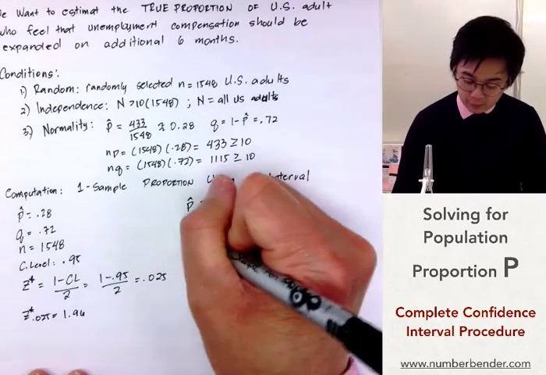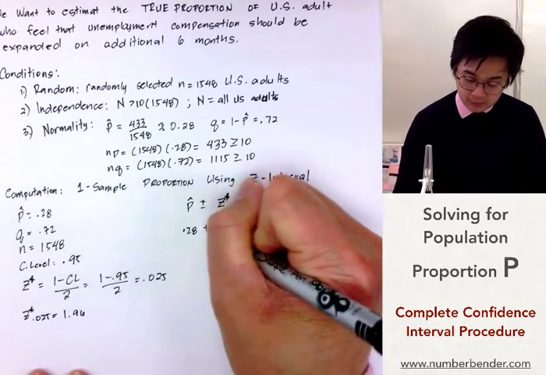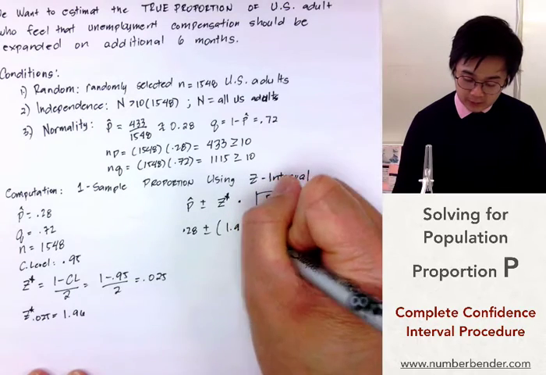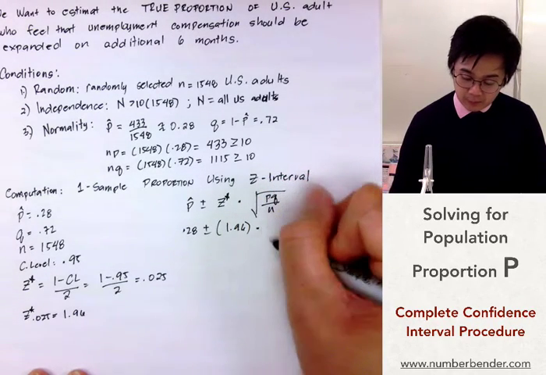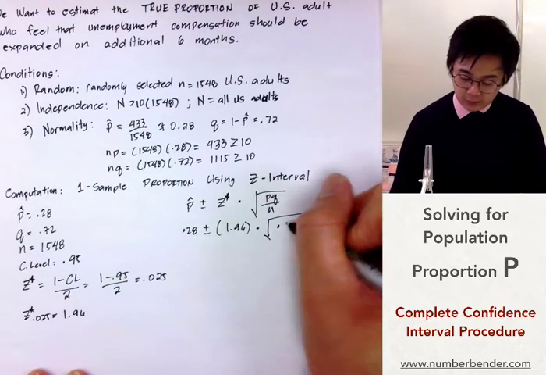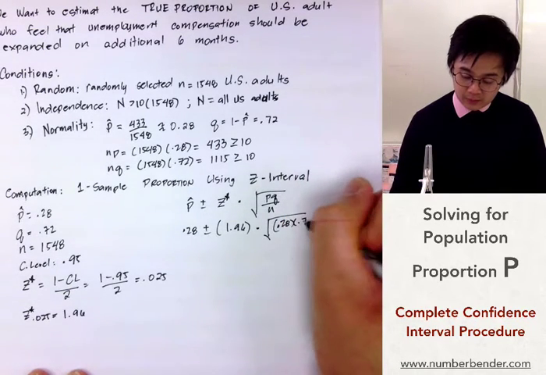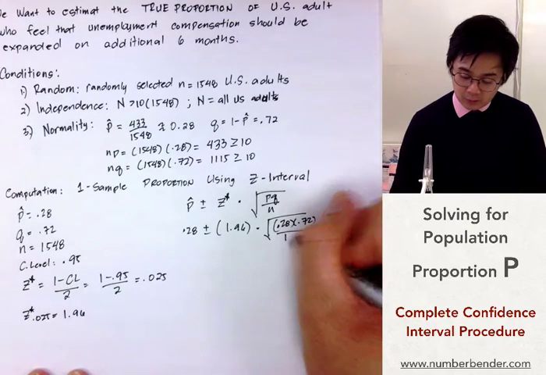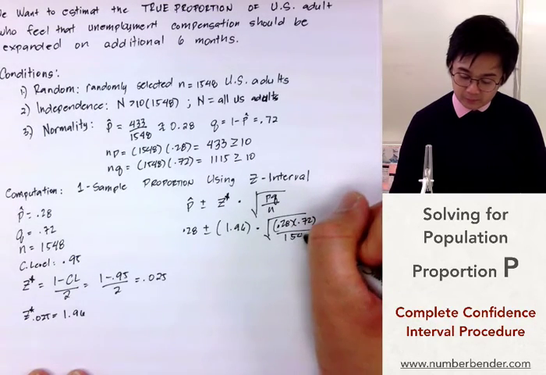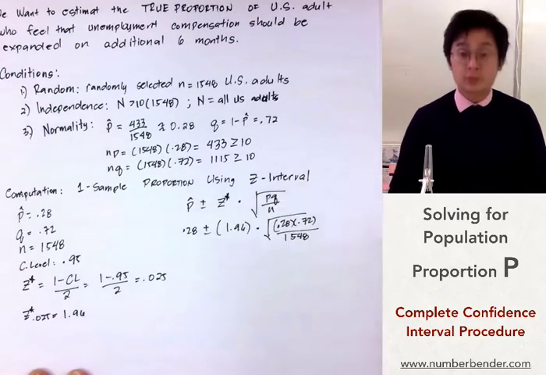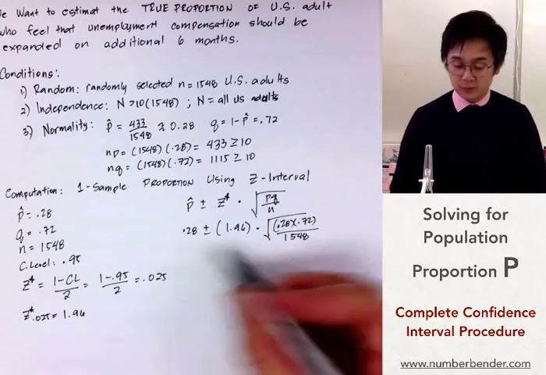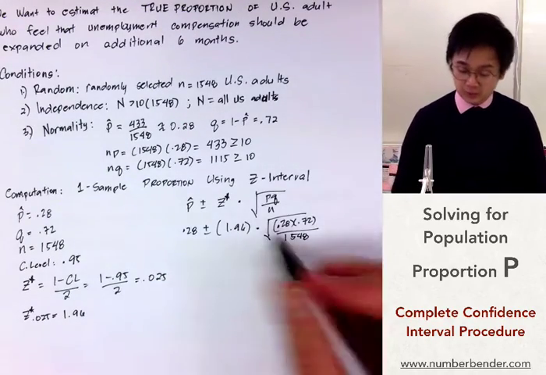So p hat is 0.28 plus or minus 1.96 multiplied by the square root of 0.28 times 0.72 divided by 1,548.